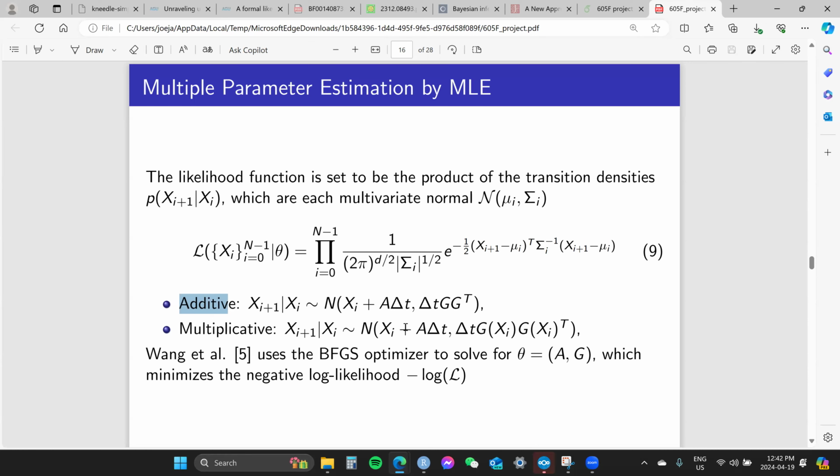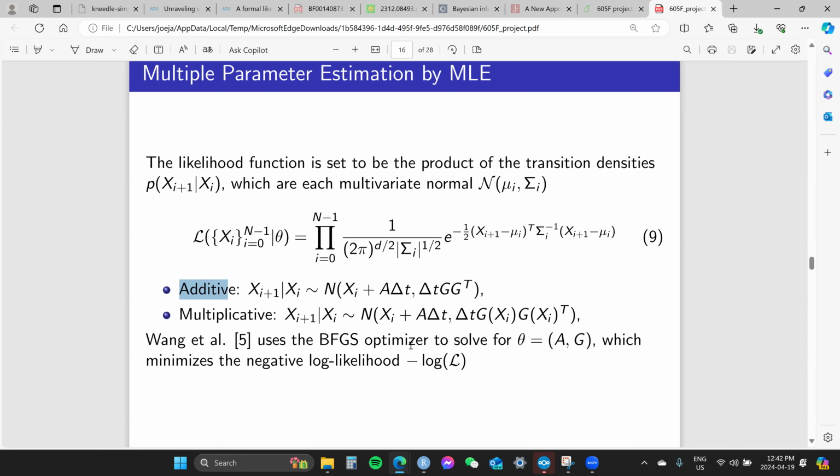And we have something similar in the multiplicative noise case, just a bit of a different covariance matrix. So Wang et al. use the BFGS optimizer to solve this equation 9. So they're minimizing the negative log likelihood and solving for the theta parameters that we're interested in, which include A and G transpose.